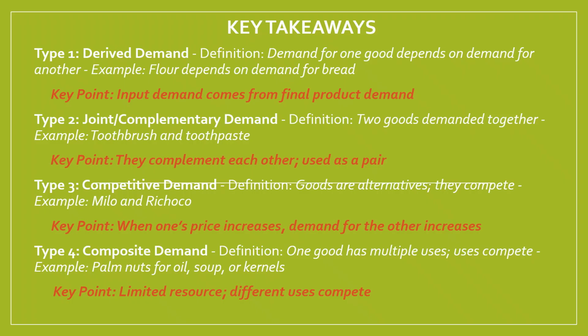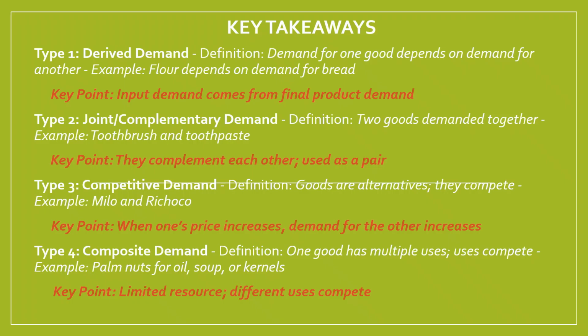The key point here is input demand comes from final product demand. Flour is used to produce bread. So if the demand for bread increases, automatically there will be a high demand for the input, which is flour. So notice that.